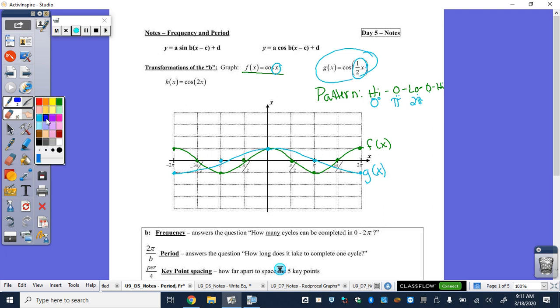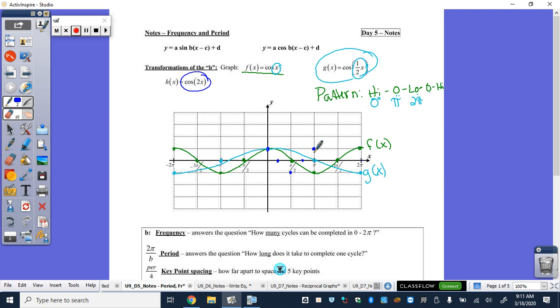So then this one here, cosine of 2x, means I need to get 2 cosine curves in, whereas I would normally get 1 in. So normally it would take me till 2 pi to get 1 cosine curve in there. I need to get 1 full cosine curve in there by the time I get to pi now. So that means my 45s are going to come back into play.